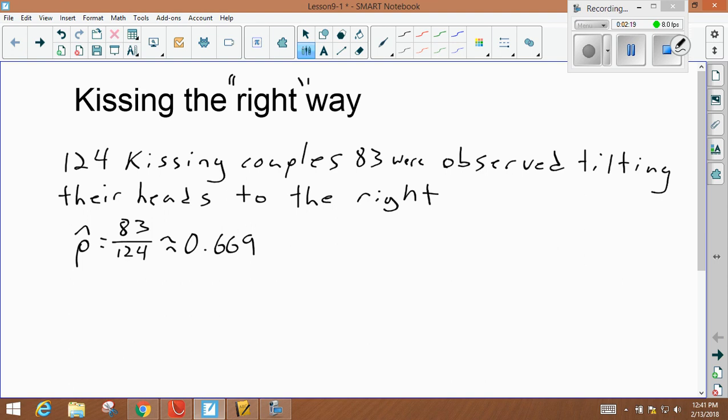So what we'd like to know is, is this evidence that couples tilt their heads to the right when they kiss?